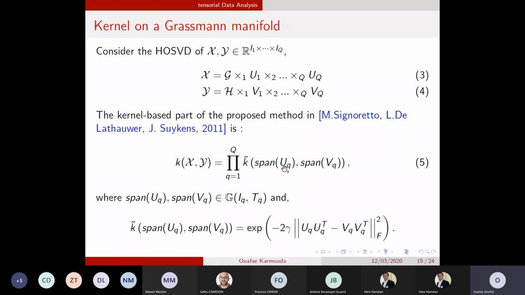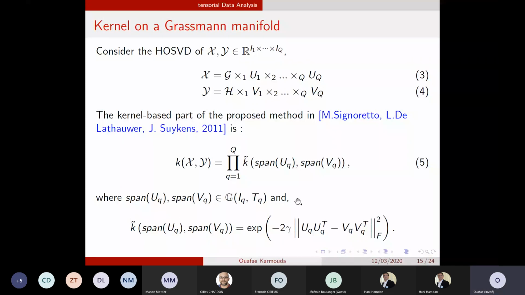So these elements, which means the subspaces spanned by UQ and VQ, are in the Grassmann manifold G(I_q, r_q), which is the set of subspaces of R^(I_q) of dimension r_q. And the kernel k-tilde here is defined by a radial basis kernel function, or what we call a Gaussian kernel, in the Grassmann manifold, where we use a projection metric as a distance between the subspaces spanned by UQ and VQ, which is given by the Frobenius norm squared of the difference between the projectors on these subspaces.